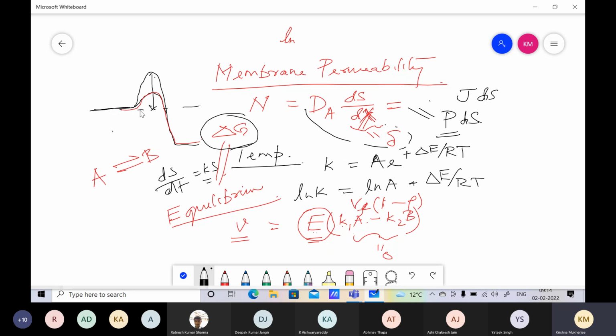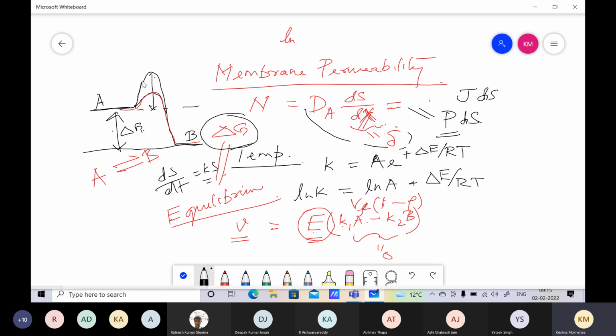But the delta G is given by these two terms. This delta G cannot change. Actually it is delta H, but that's all right. This cannot change. This is by Hess's law, you cannot change A and B. So if you reduce this activation energy, then the backward reaction and the forward reaction would both get accelerated.